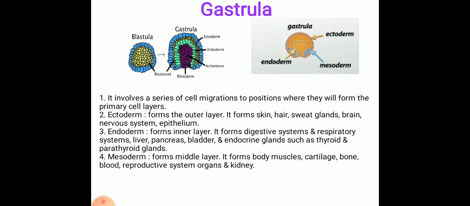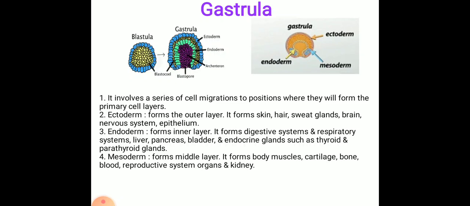Next, endoderm. Endo means inside. So it forms the inner layer, and it forms the digestive system. In the body, the digestive system is formed from the endoderm, and also the respiratory system, liver, pancreas, bladder, and endocrine glands. Endocrine glands are ductless glands.